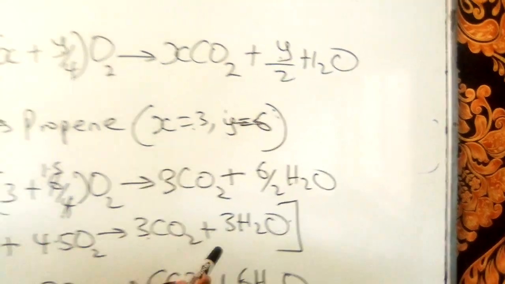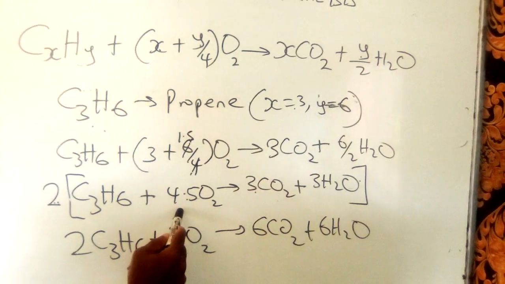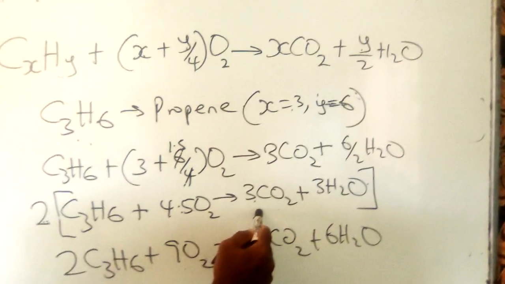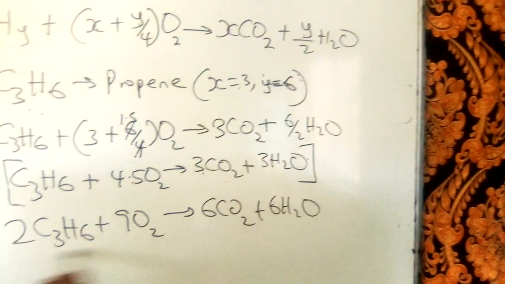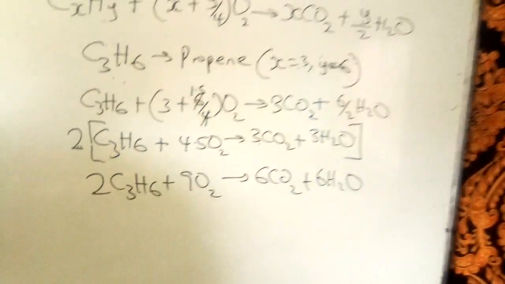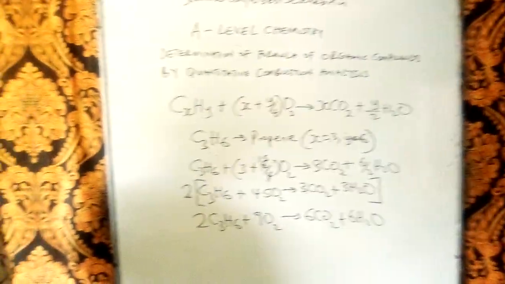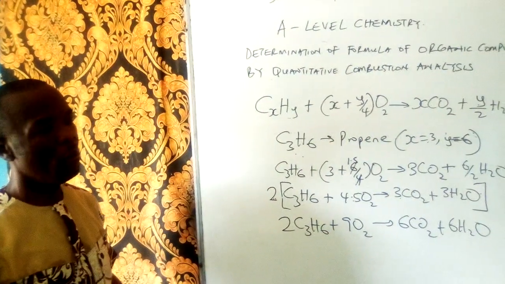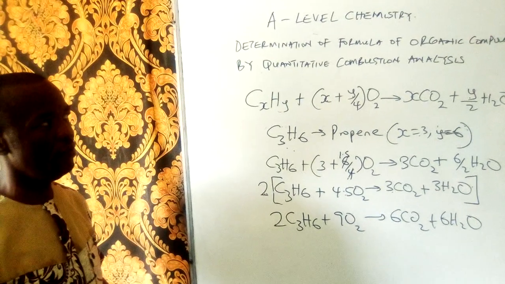You solve it out, you're going to have C3H6 plus 4.5 O2, since 3 plus 1.5 is 4.5, then 3 CO2, and 2 into 6 is 3, then 3 H2O. So you have this equation balanced. Now we're going to go into the calculations involving combustion of hydrocarbons, and how to derive molecular formula and empirical formula by using combustion quantitative analysis.